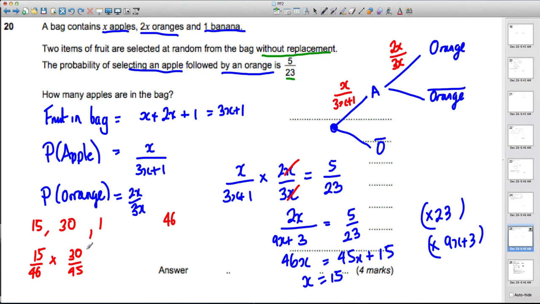Well, I think we would, because we could simplify this fraction down, divided them by 5, so you would get 15/46 multiplied by 6/9, which is 2/3, which is 15/46 times 2/3. The 3's would cancel there, and you get 10/46, which simplifies to 5/23, as you were looking for. It's harder to check it in this case, but that is the final answer. X is equal to 15.